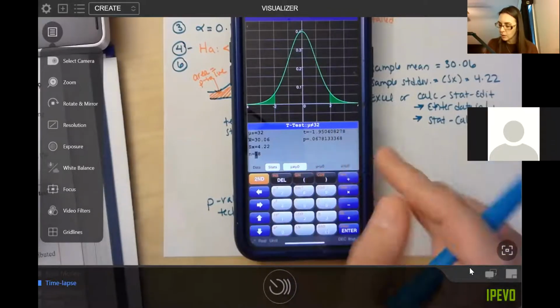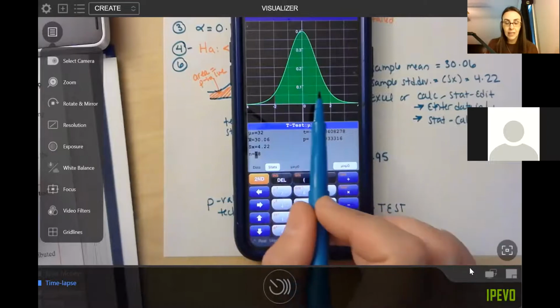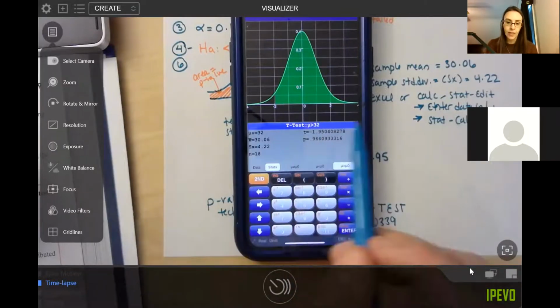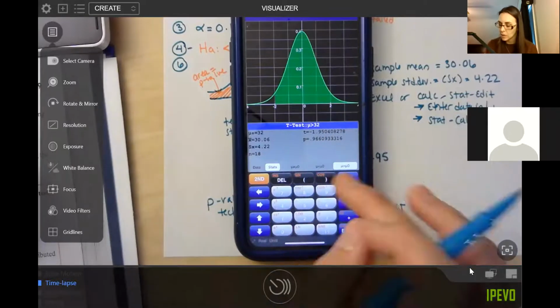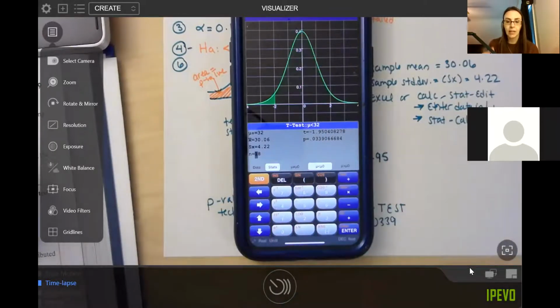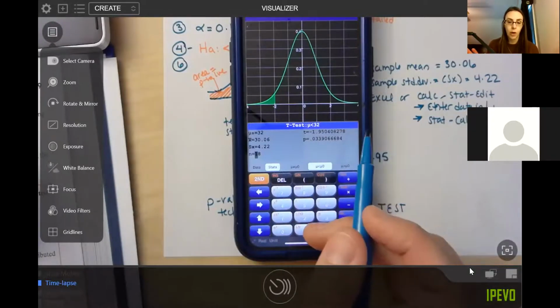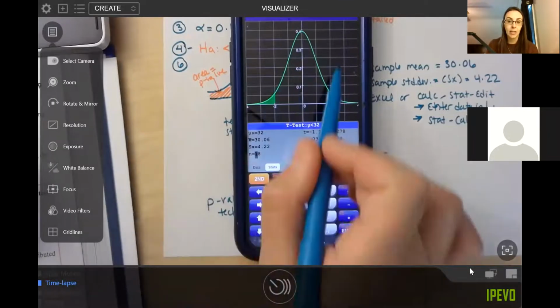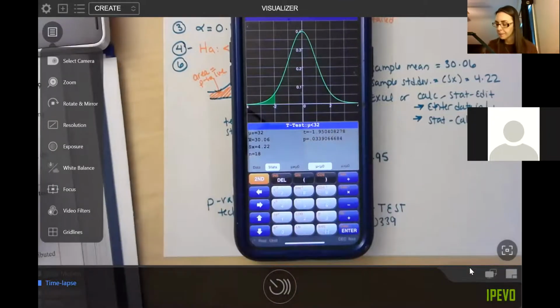If I select the greater than sign, it becomes a right-tailed test. So that's also really important. In our case, we're looking at a left-tailed test. It's less than. So I do need to make sure I select the correct type of test on my calculator, or else my p-value will be totally wrong. Okay. So double check that your picture is matching what you're seeing if you're using the calculator app.